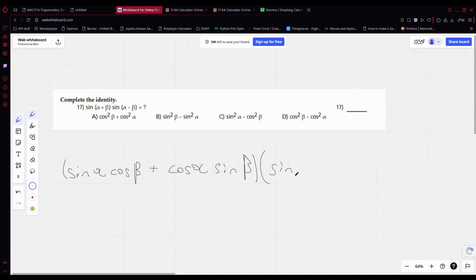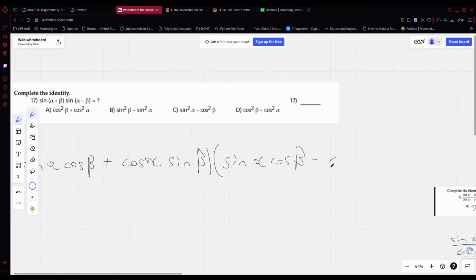So sine alpha cosine beta minus cosine alpha sine beta.